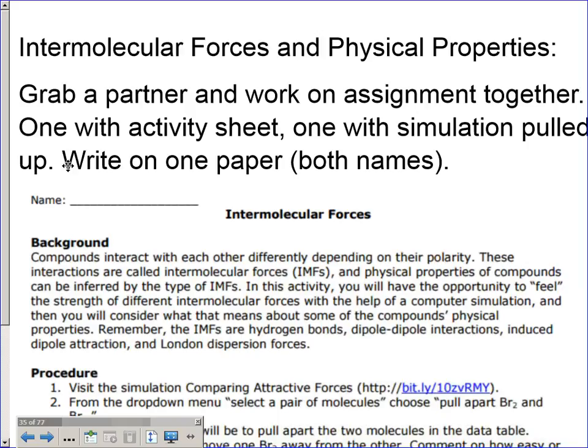This simulation or what do you? So if they're already like attracted to each other, where's the simulation? It's solid.